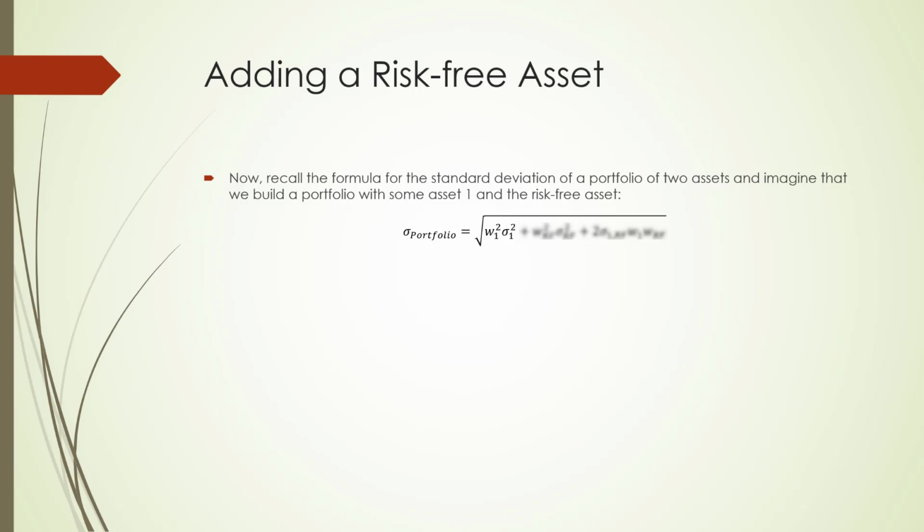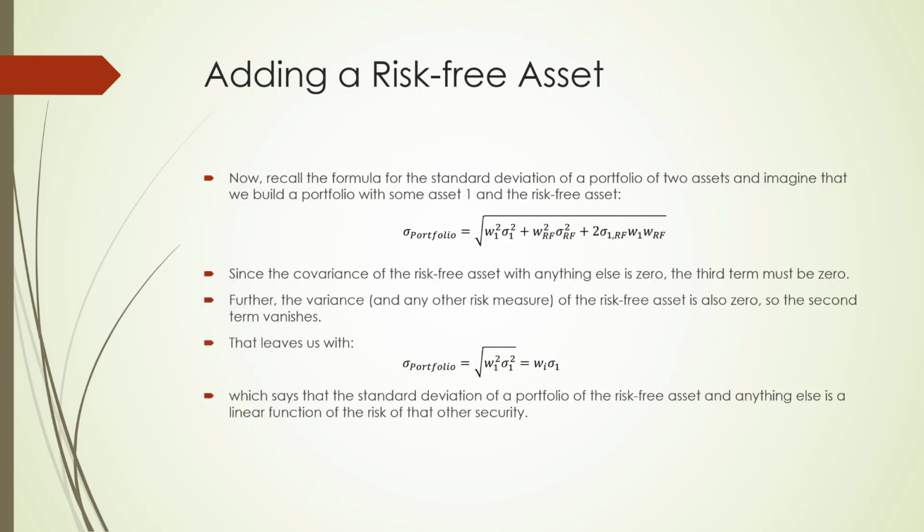All we're left with is the weight of asset 1 squared times the variance of asset 1. And if we take the square root of that product, we get the standard deviation of the portfolio is just the weight of asset 1 times the standard deviation of asset 1. Now, I notice I have in my formula there the weight of I, but that should be 1.